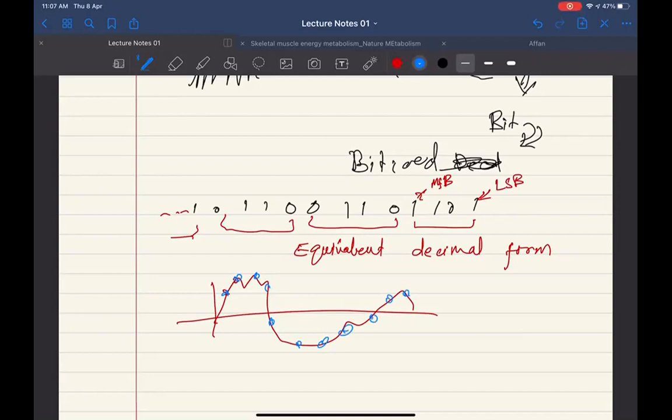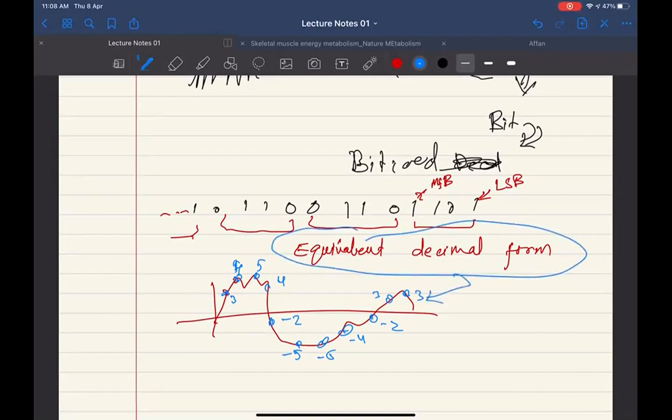For example, this number is 3, this is 4, this is 4, this is 5, this is 4, this is -2, this is -5, -5, -4, and this is -2 again, and this is 3, and then again 3. Something like that, you will receive the equivalent decimal form from the binary.